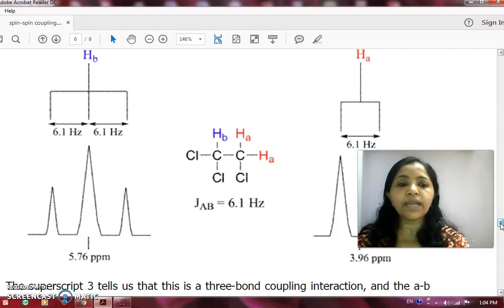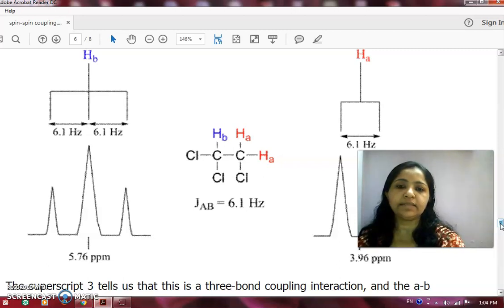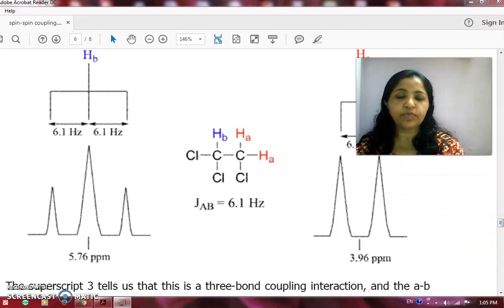In a low grade NMR spectrometer, there may not be splitting in some cases, so you have to go for a superior quality one.